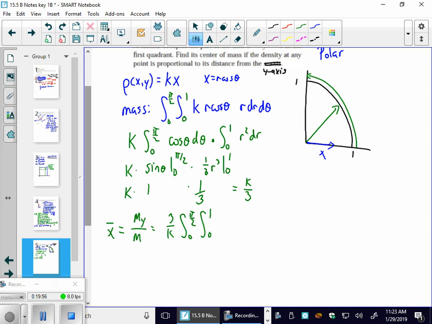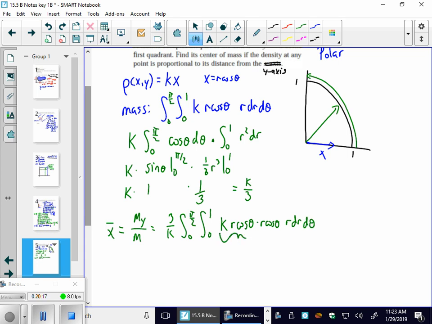Okay, so we have k. Our original density function was r cosine theta, and we have to multiply that by another x value, which is again r cosine theta, times r dr d theta.